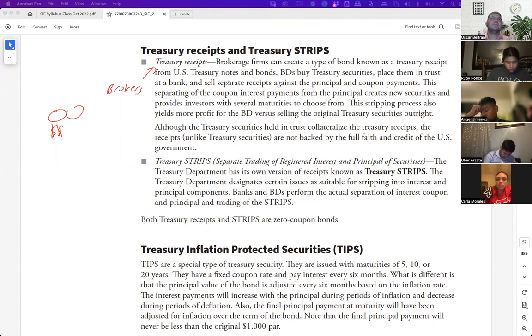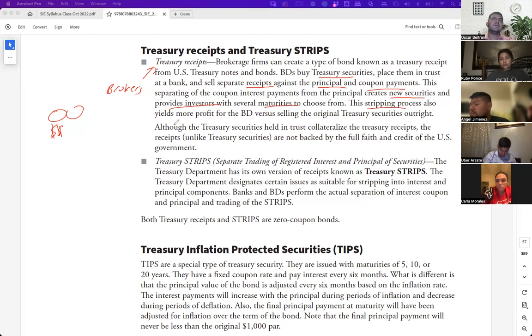Let's read it. So they buy the treasury securities, they place them in trust at a bank, and sell separate receipts against the principal and coupon payments. The separating of the coupon interest payment from the principal creates a new security and provides investors with several maturities to choose from.